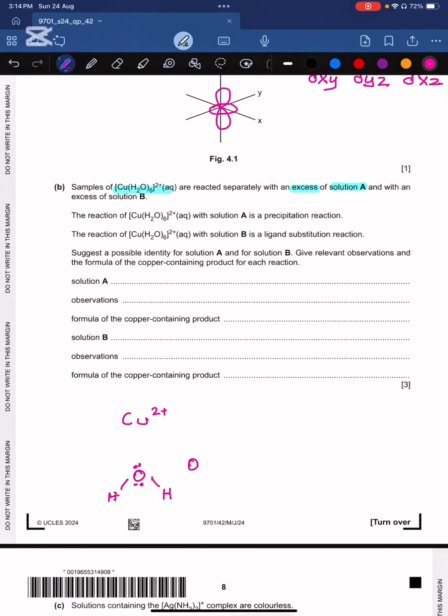This is one, this is two, this is three, so on and so forth, four, five, and six.